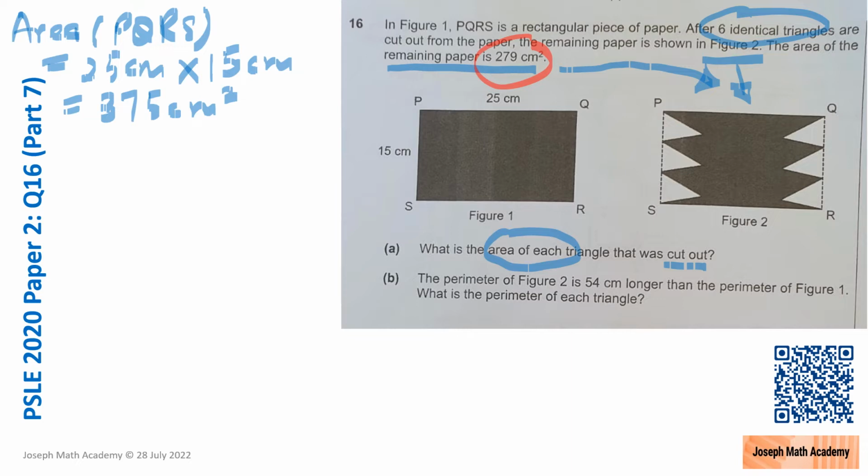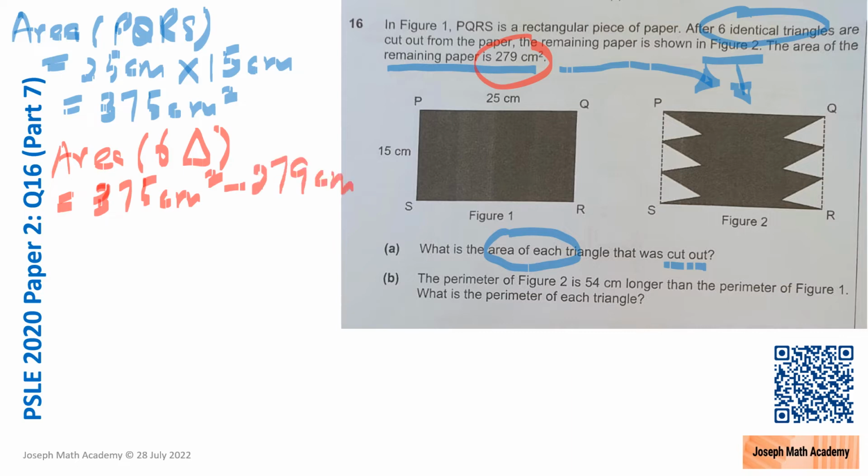So simply saying, to find out the total area of the 6 identical triangles being cut out, we just take 375 subtract 279, right?